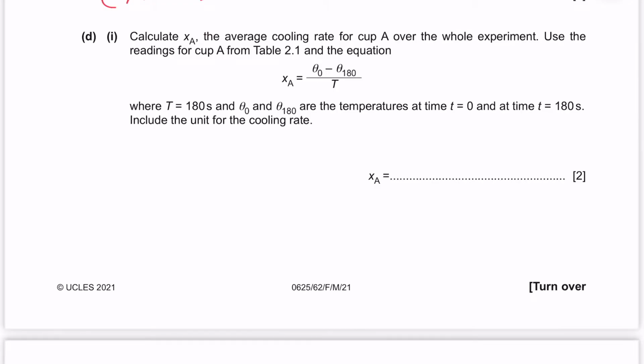Calculate XA, the average cooling rate for cup A over the whole experiment using the readings for cup A from table 2.1 and the equation. So if we were to use this, where T is 180, theta 0 are the temperatures, fine.